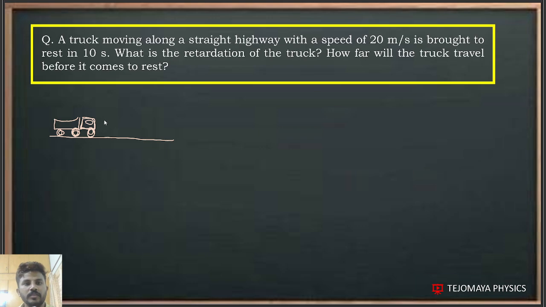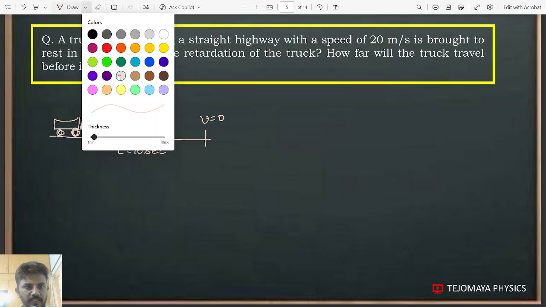This truck is moving along the straight highway with a speed u equal to 20 meter per second, and is brought to rest. It will come to rest, so the final velocity will be 0, in 10 seconds. So t is equal to 10 seconds. What is the retardation of the truck? Let us calculate the retardation.